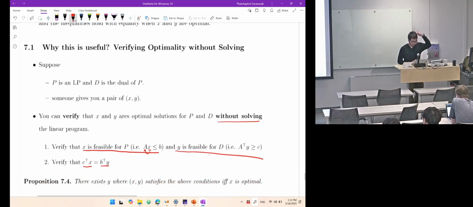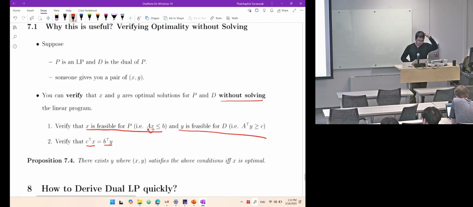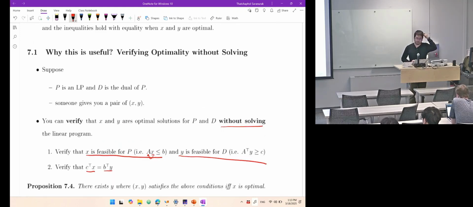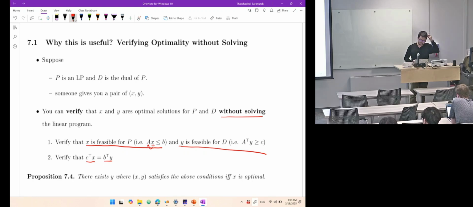Okay, questions? All right. Okay. So basically, there exists Y such that X and Y satisfy the above condition if and only if X is optimal.